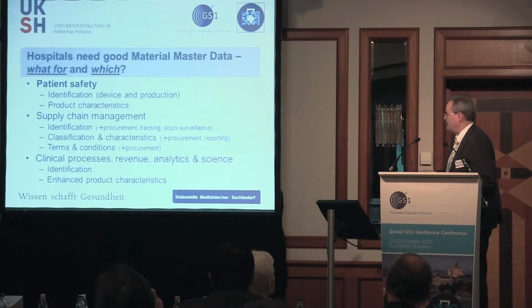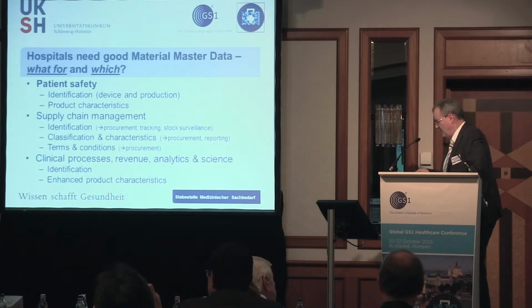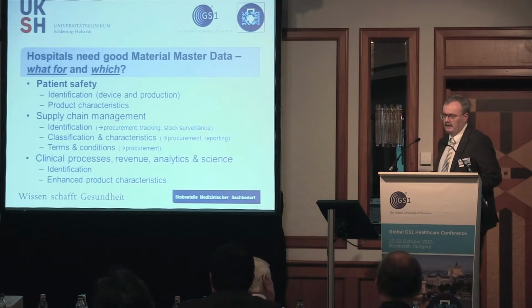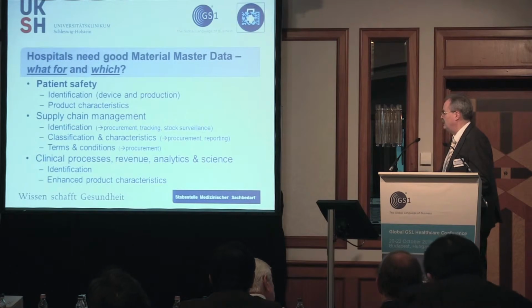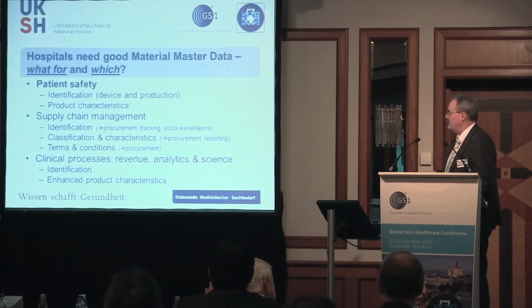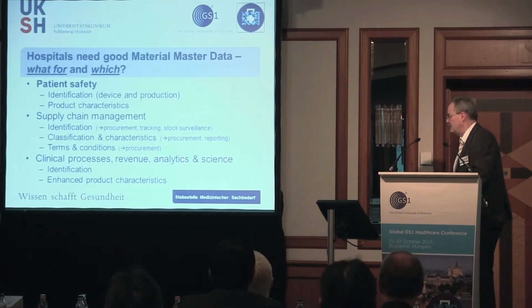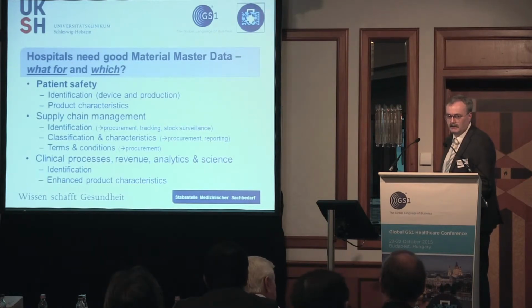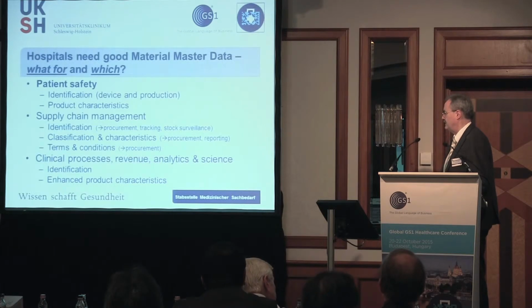Then there's supply chain management. For supply chain management, you need reliable identification for procurement, as we heard from very good examples from Hong Kong and from Australia. You need that for tracking. You need it for stock surveillance. You need classification and characteristics for procurement, for reporting, and I'm very impressed by the Australian nomenclature which addresses this aspect.